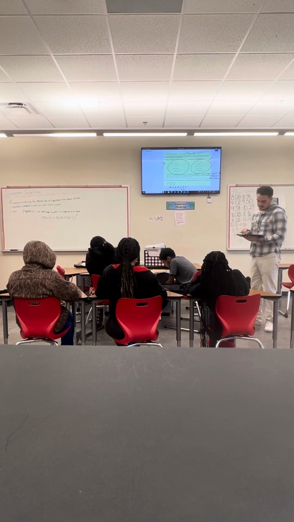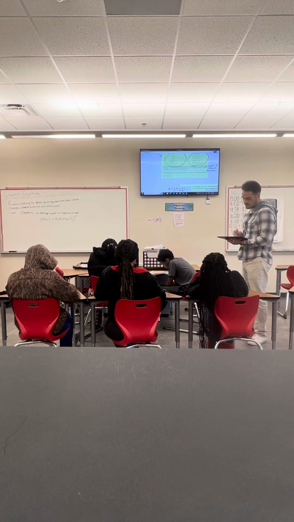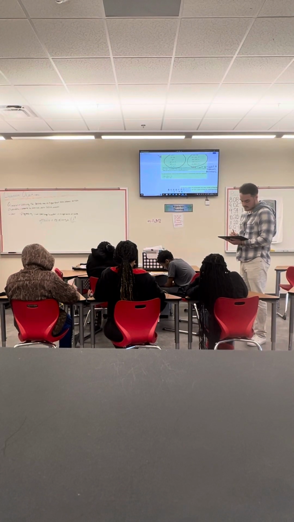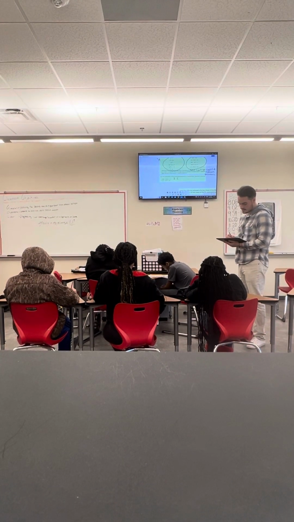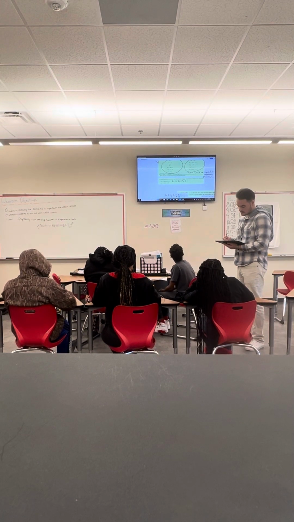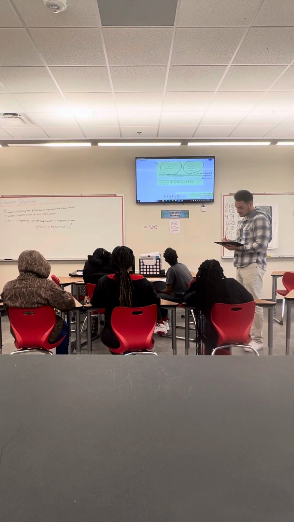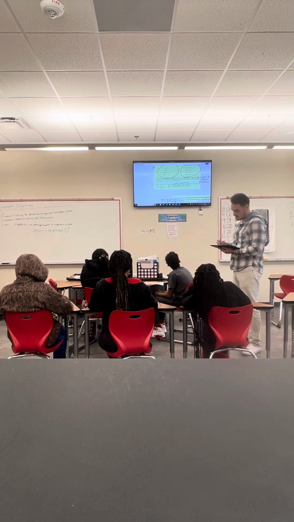Alright, this next one says, for each expression, write an equivalent expression in standard form. So show your reasoning. All we're doing is the FOIL method, right? We're multiplying everything in the parentheses times the other things in the parentheses. So we got 2x plus 5, and then x plus 1. We multiply that 2x times the x first, and then times the 1.